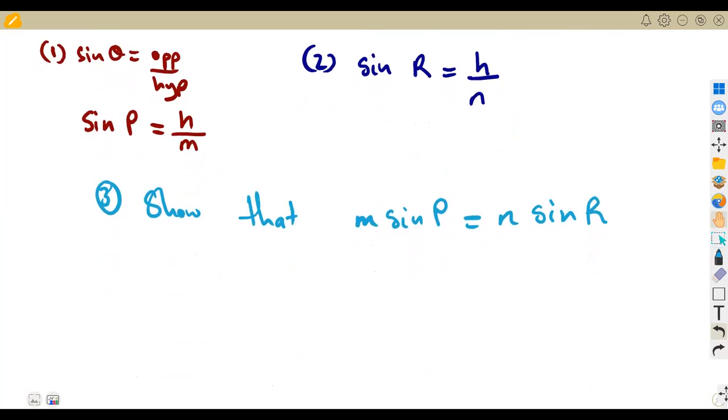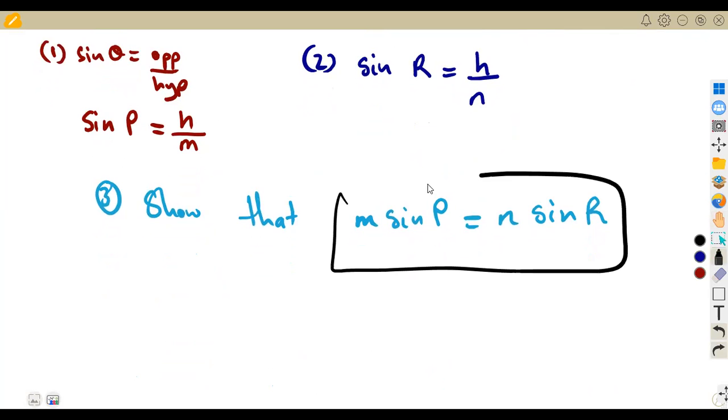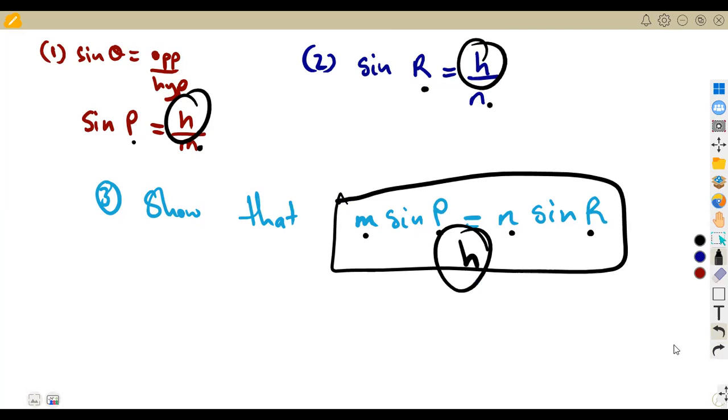If we check from our previous results, there's something that is no longer given here that we no longer see on our answer. That was there before on these ratios that we determined. What is it? It's H. We have M, P, N, R. Where is H?